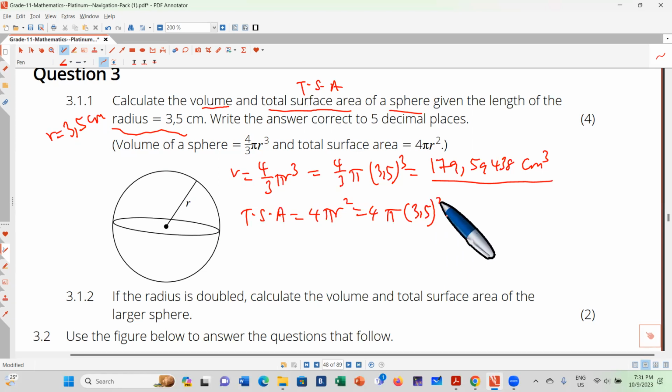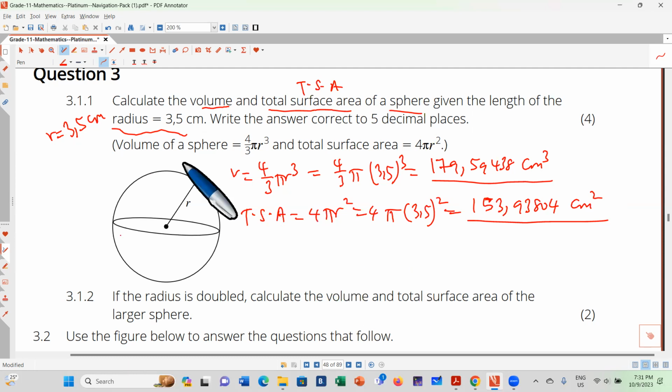You square this and multiply these things. You get 153,93804. Because they asked us to find the total surface area of a sphere.